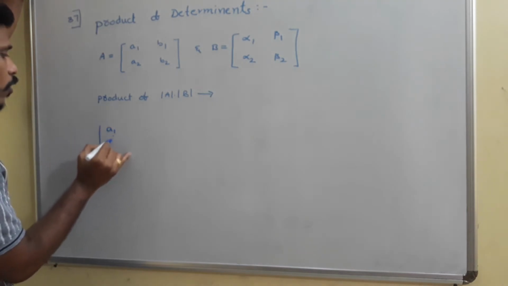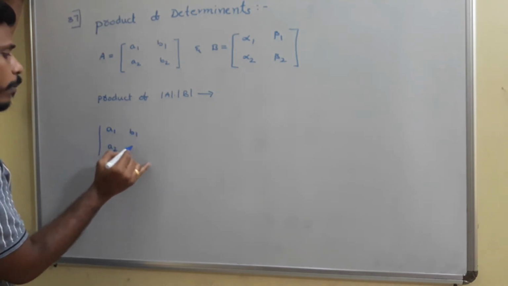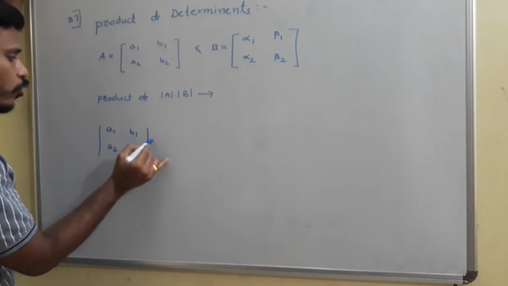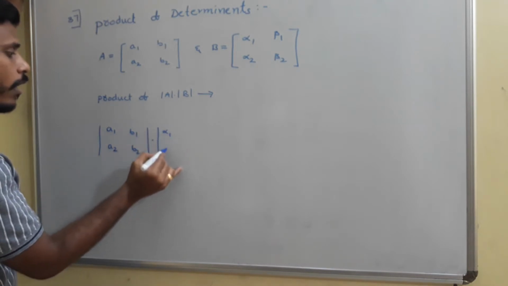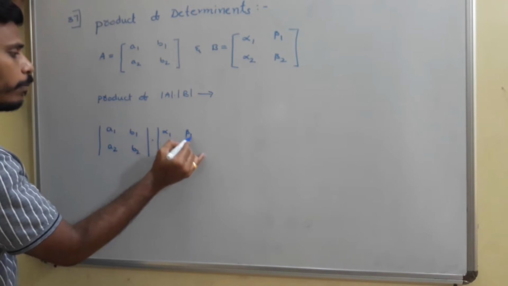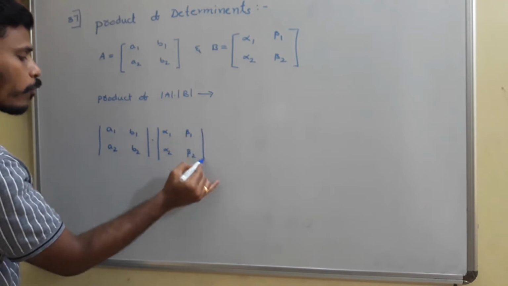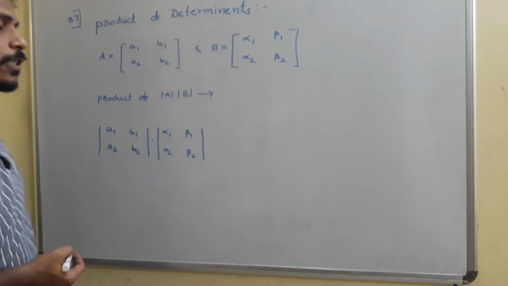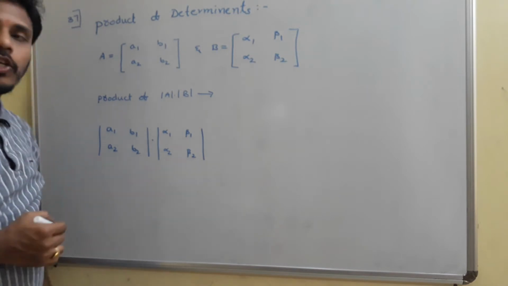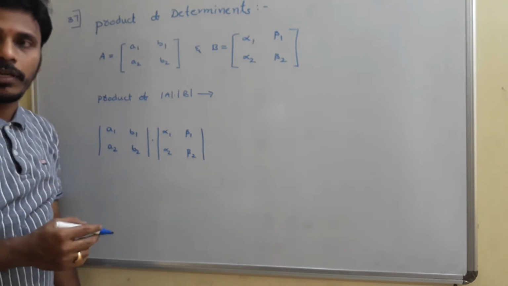So determinant of A1 A2 B1 B2 times determinant of alpha 1 alpha 2 beta 1 beta 2. This product we need to calculate. As per the multiplication of matrices, we know the way of multiplication.